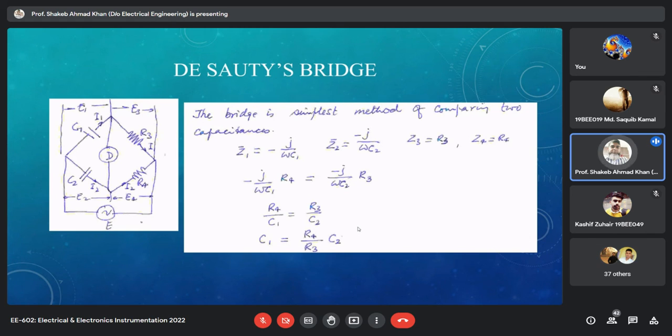Now there is one great limitation of this bridge. Can anybody tell me what is that disadvantage or limitation? I'll say limitation.